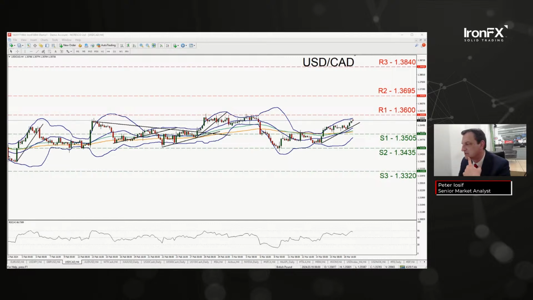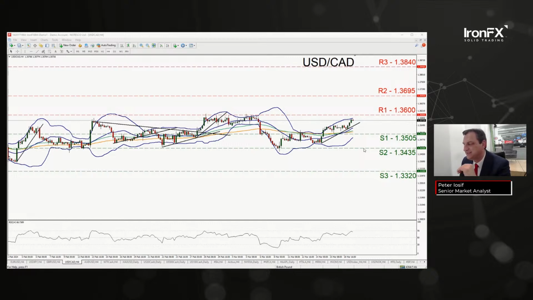On the flip side, should the bears take over, we may see the price action of USD CAD dropping, breaching the pre-mentioned upward trend line. But I would require also a breach of the S1, 1.3505, as well as the pair to test, at least test, if not breach, the 1.3435.